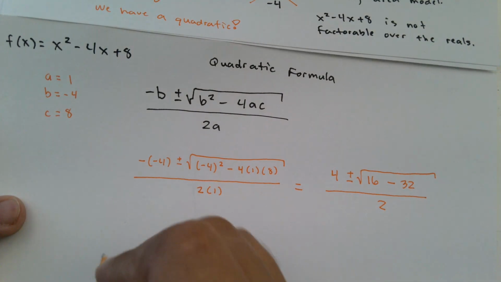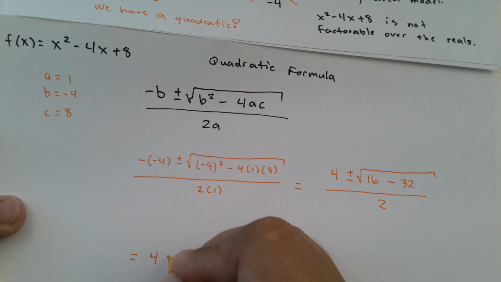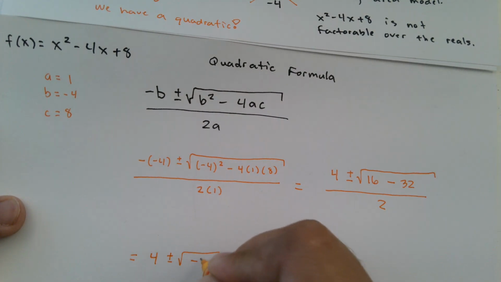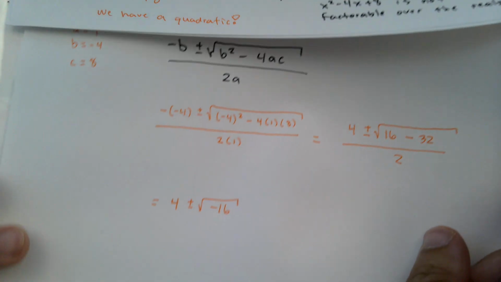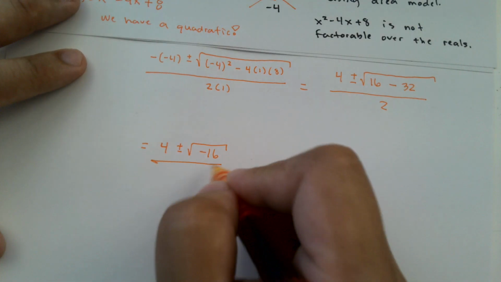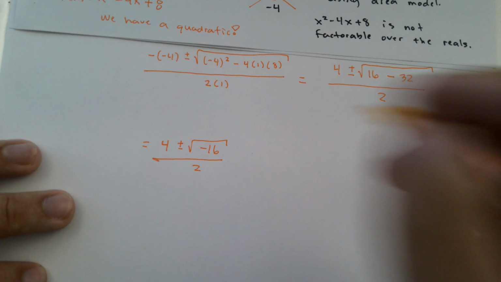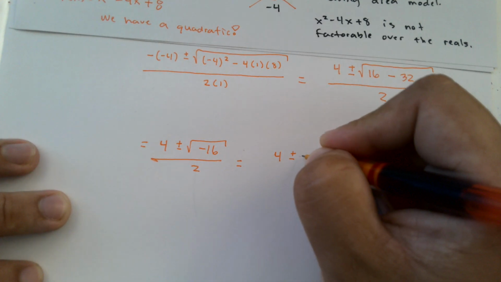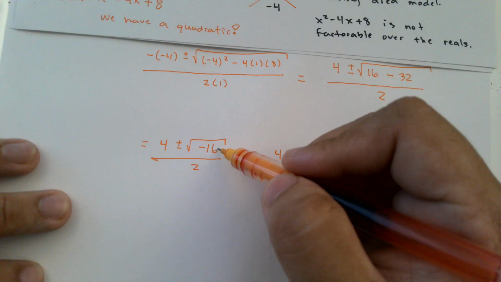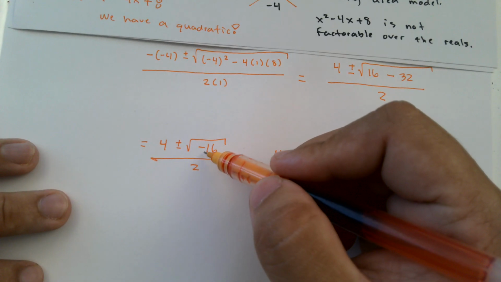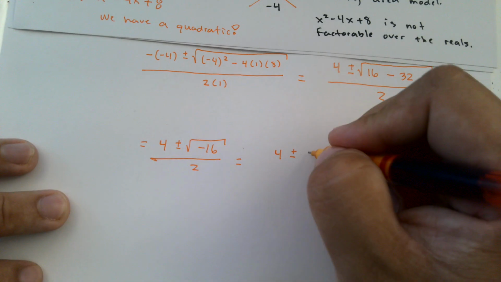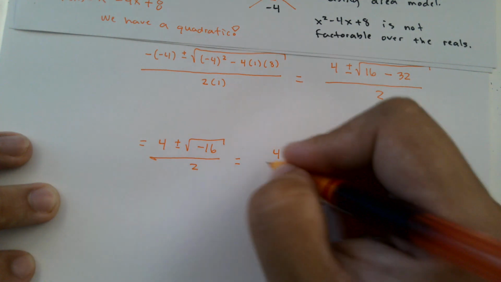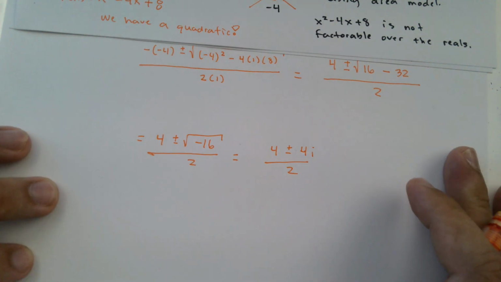So to simplify this further, we have 4 plus or minus the square root of negative 16 divided by 2. This is equal to 4 plus or minus the square root of 16, which is 4. However, because there's a negative under the square root, I need 4i divided by 2.